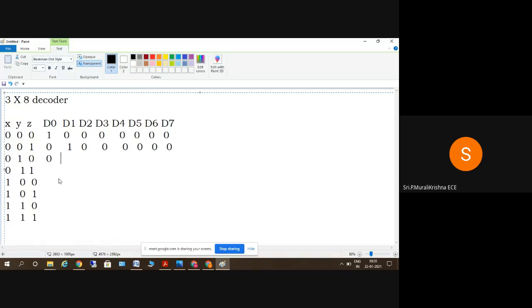Next, D2 is active. Only one output will be active at a time for a given input combination. So we'll be having 8 input combinations here, and for each input combination one output is active.